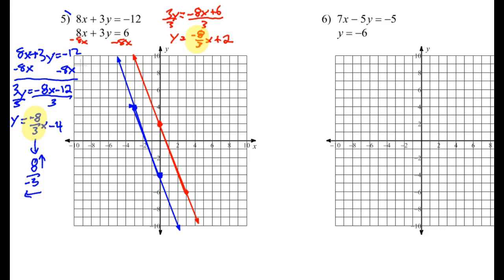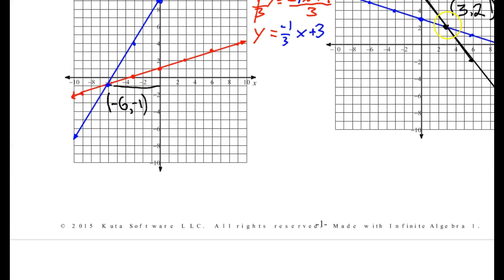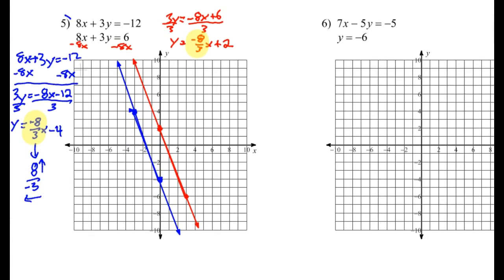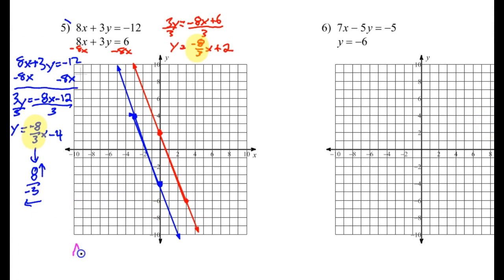So if our answer is where these intersect, and two lines don't intersect, that means there is no answer. So you just write no solution.